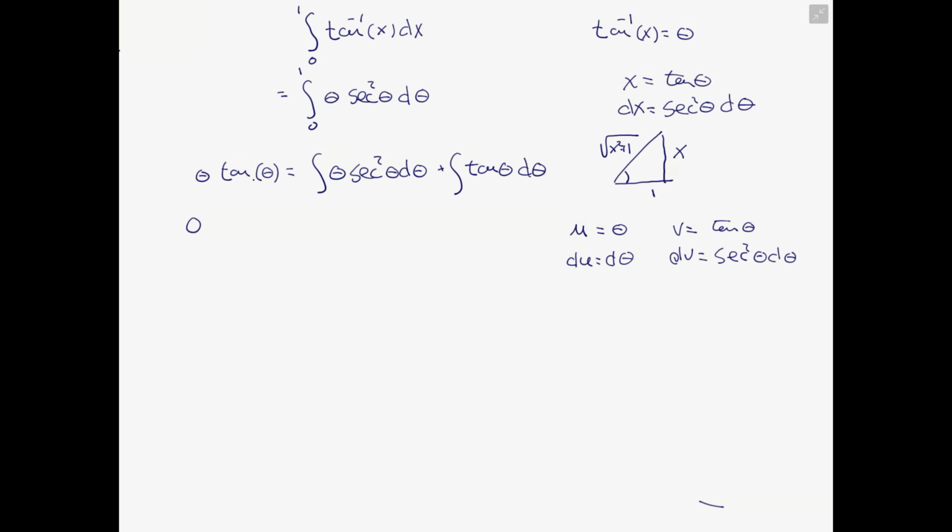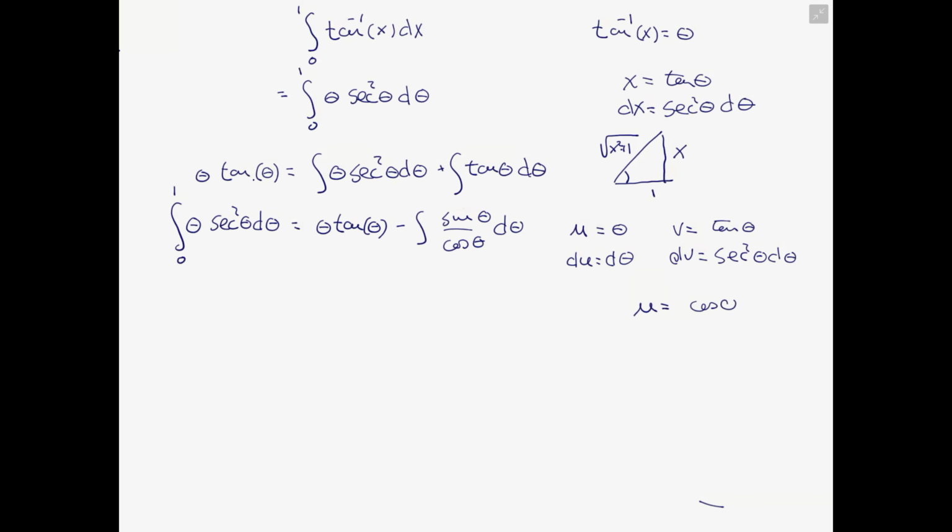All arranged, we got theta secant squared theta d theta between 0 and 1 equals theta tangent theta, and that's minus sine theta over cosine theta d theta.